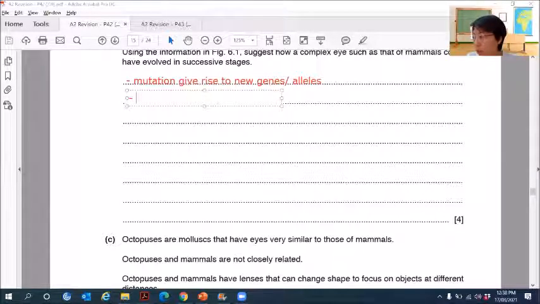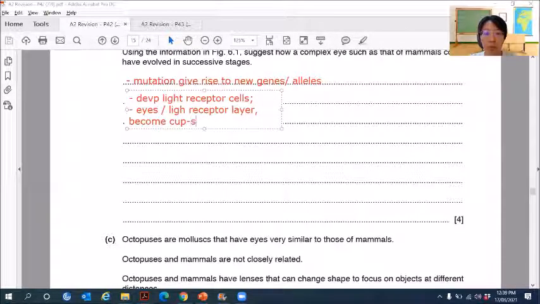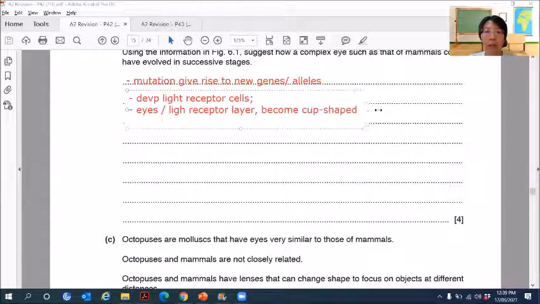So it leads to maybe development of light receptor cells, okay, or mutation that leads to the eyes or the light receptor layer becoming cup-shaped. Originally it's a dot, right? Later on, the layer of cells arranged into a cup shape.